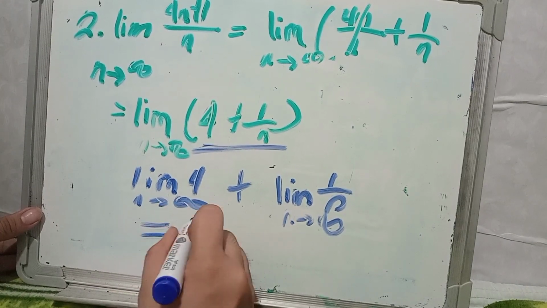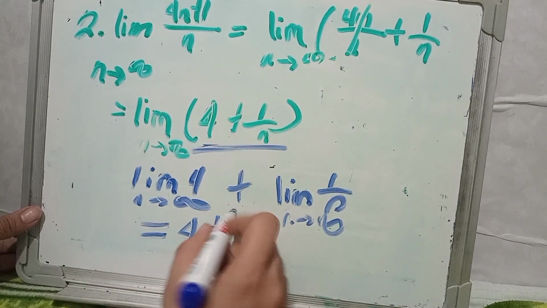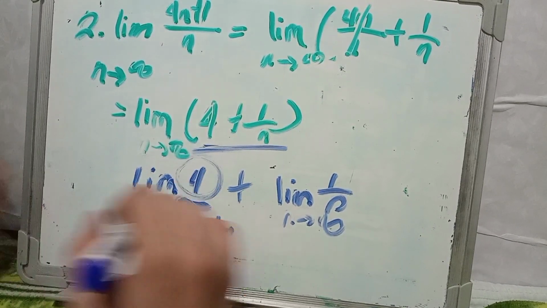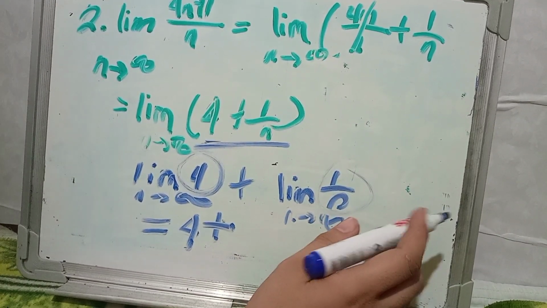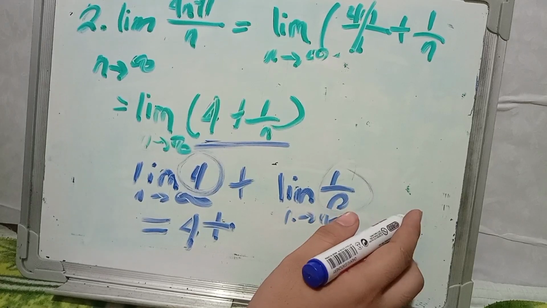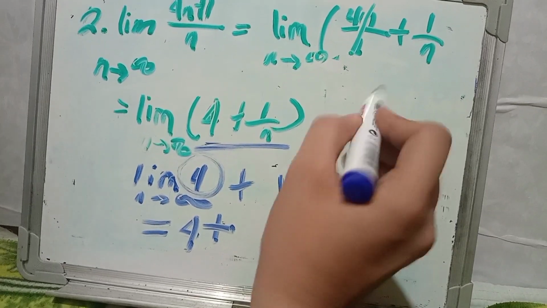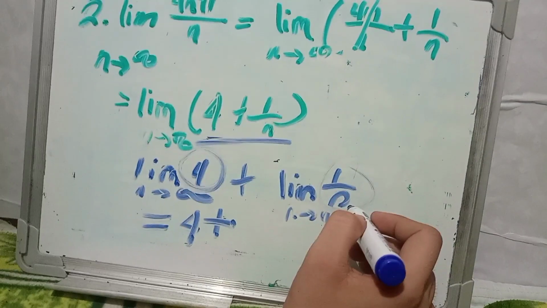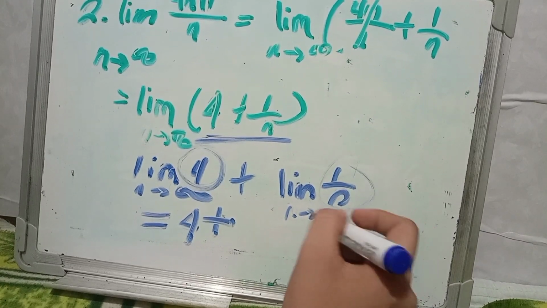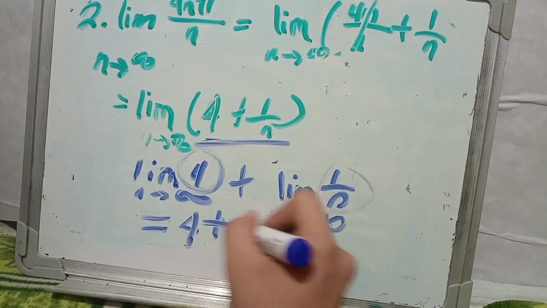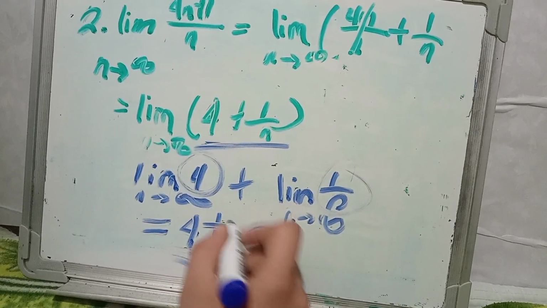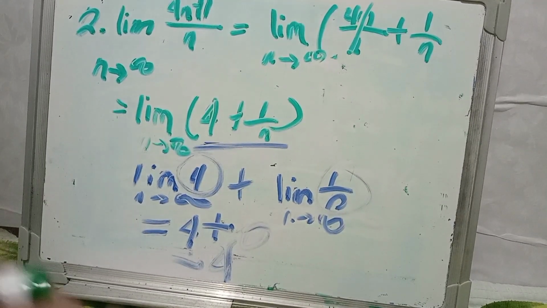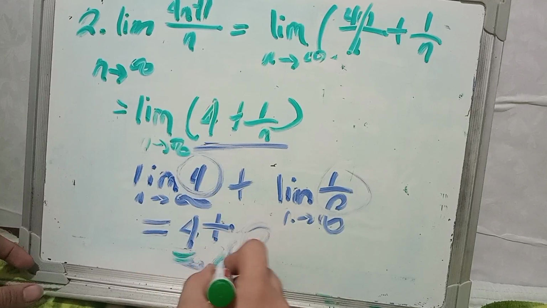So we substitute 4 plus, because we have 4 here. When you remember the basic limits we talked about earlier, 1 over n is automatically equal to 0. So the answer is equal to 4. So that's how to get our limit.